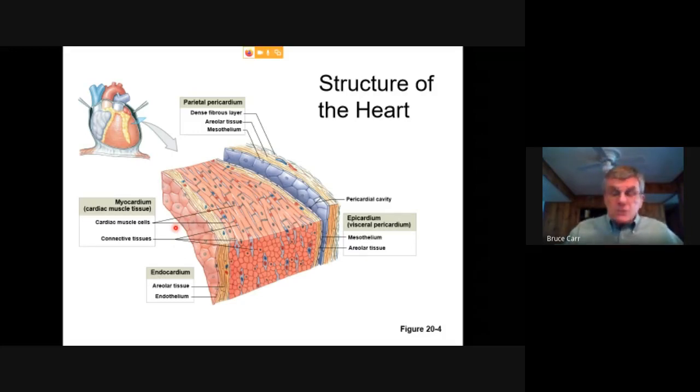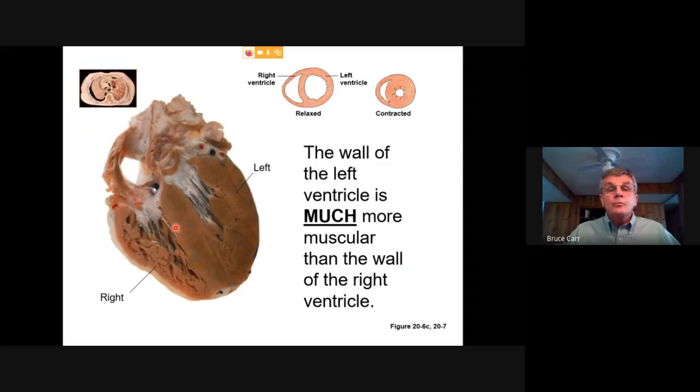As we saw before last semester, every organ has all four tissue types, and we have named connective and muscular and epithelial here. Nervous is not illustrated in this diagram, but there are specialized sensitive cells sending nerve impulses. So nervous tissue is represented here.